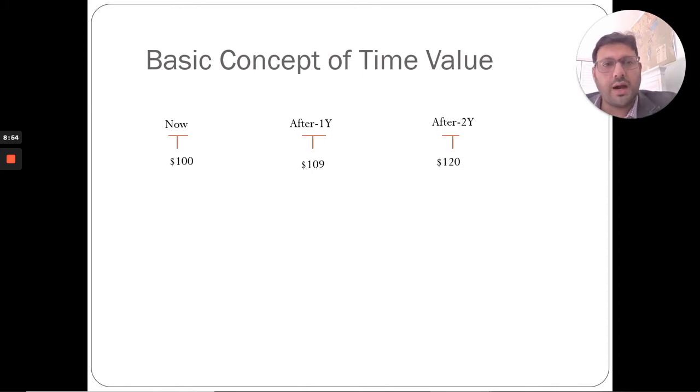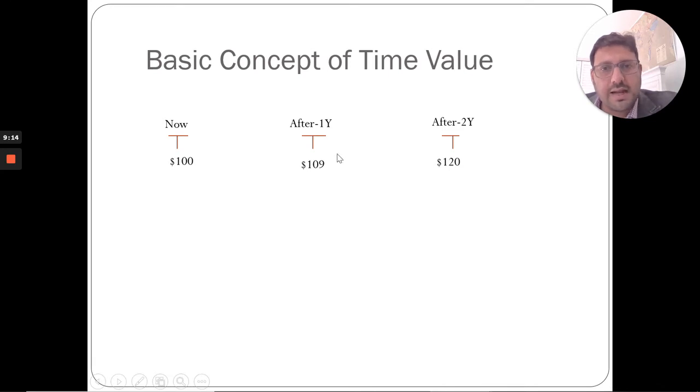But we cannot make a sound financial decision unless we find the cash value of all these three alternatives at a single point in time. So what do I mean by this?